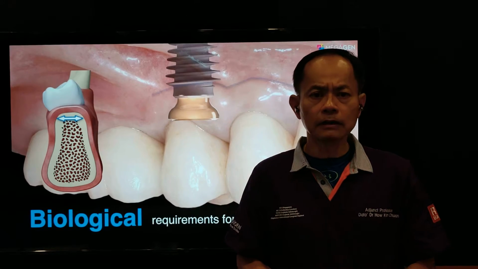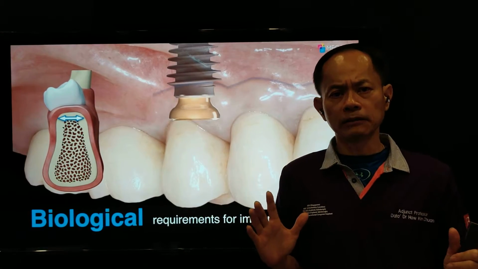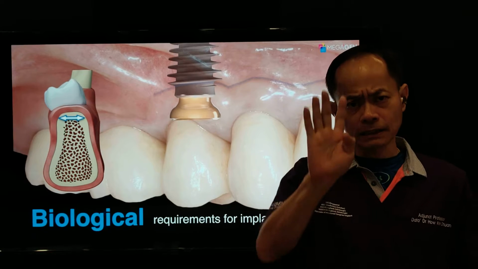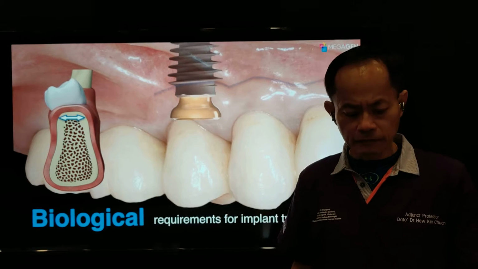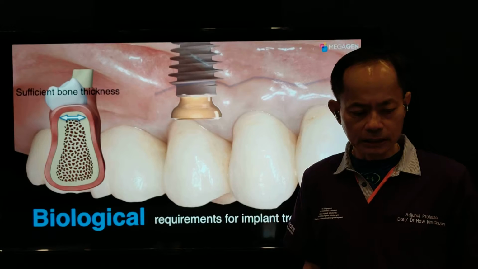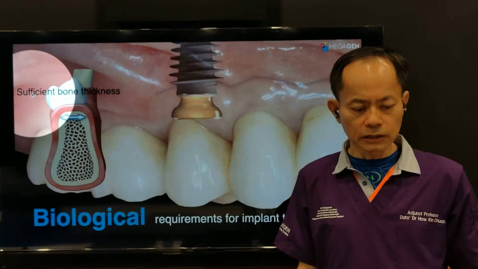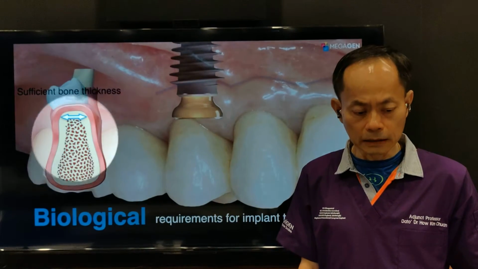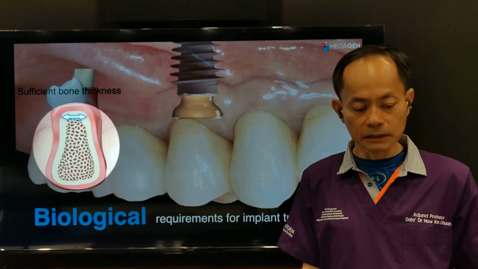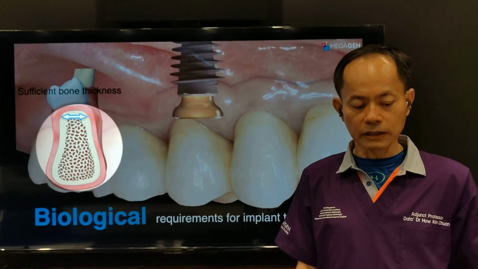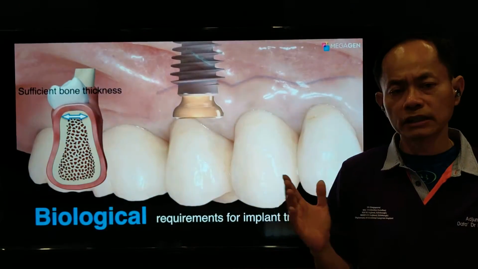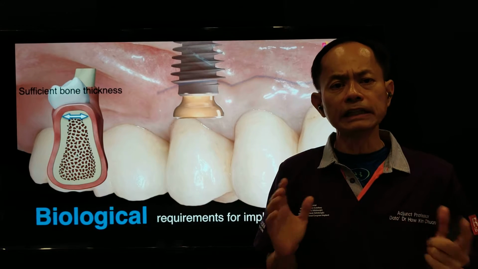First of all, when we want to place an implant, you have to satisfy 4 criteria. First and foremost, whether there is a sufficient amount of bone, which we call bone availability, the thickness as well as the length in all 3 dimensions. And how do we evaluate this?